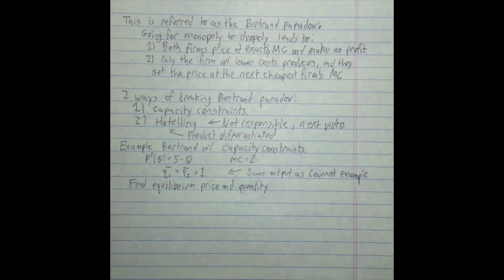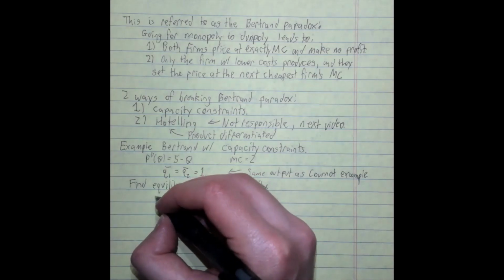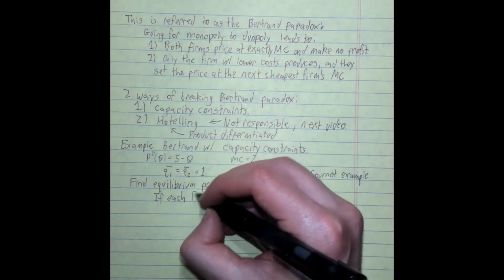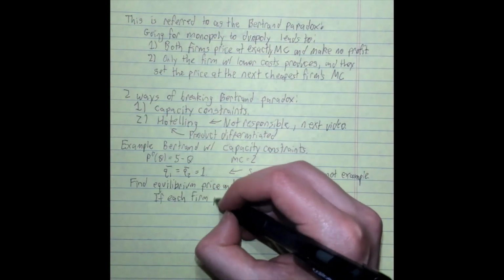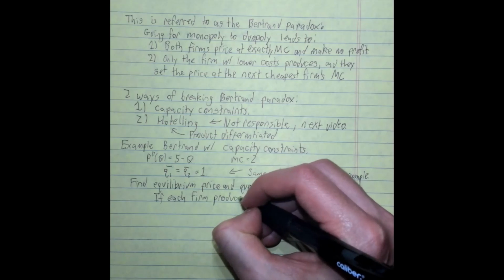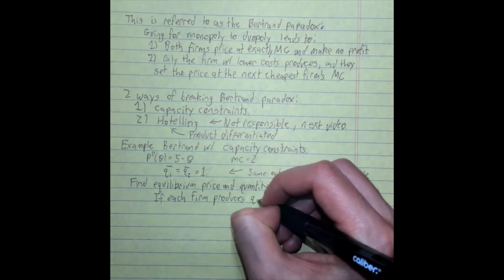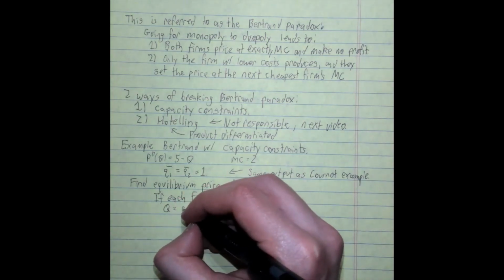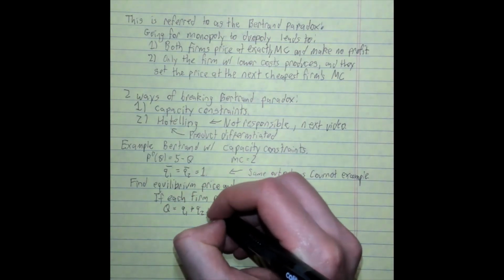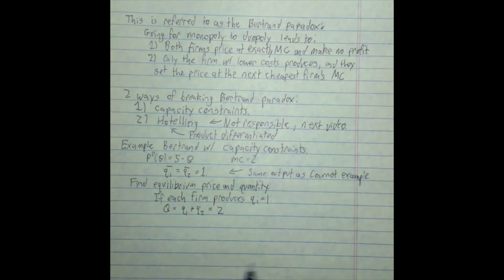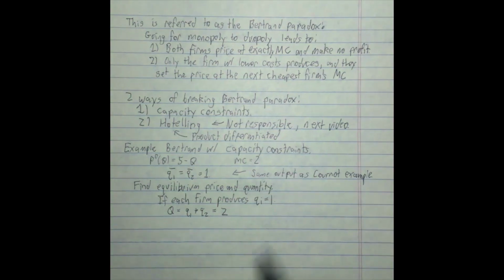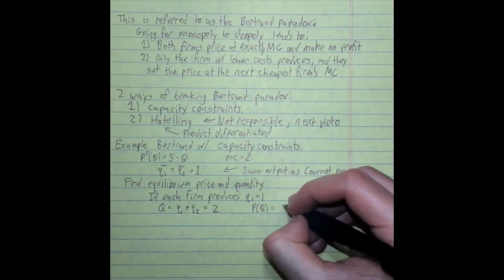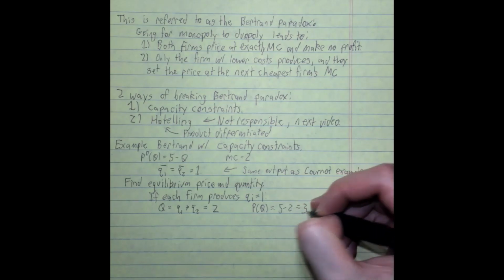If each firm produces its entire capacity, then we have Q equals Q1 plus Q2 equals 2. And then plugging this into the inverse demand curve, P of Q is equal to 5 minus 2, which is equal to 3.